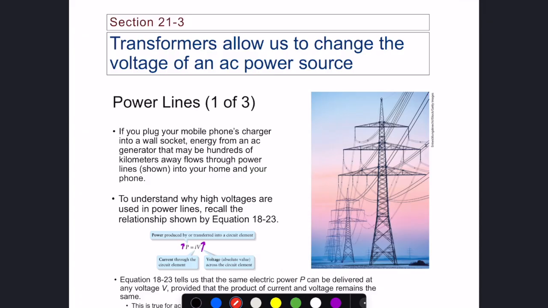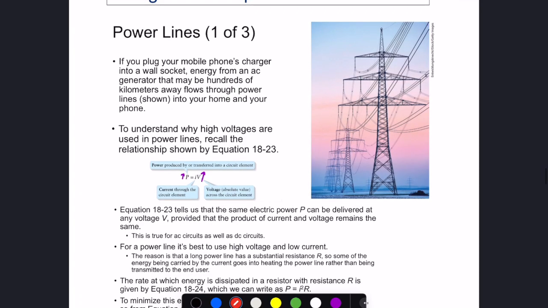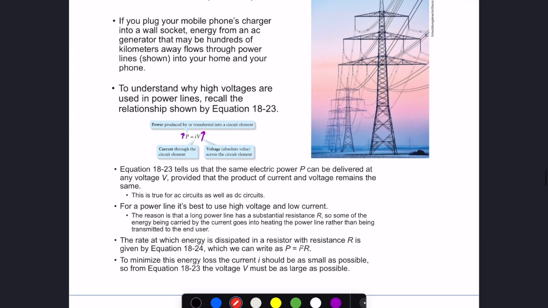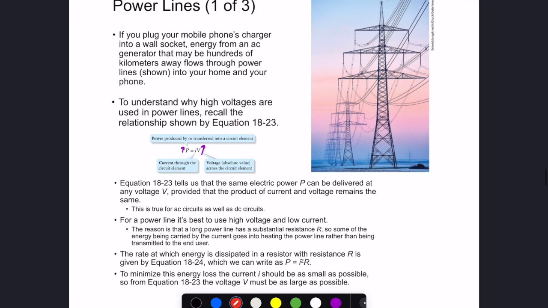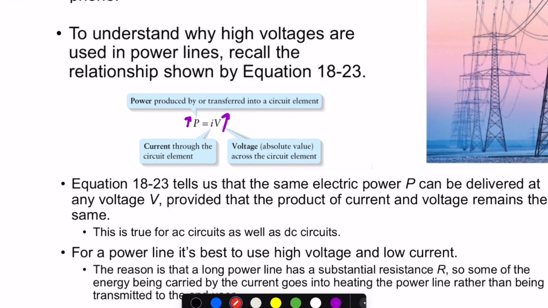So that's why we need to know about transformers. This slide is kind of motivational; it illustrates the importance of knowing this. I'm not going to go into too much detail, but the reason power lines are operated at such a high voltage, hundreds of thousands of volts, is because we want to maximize the power while minimizing the current.